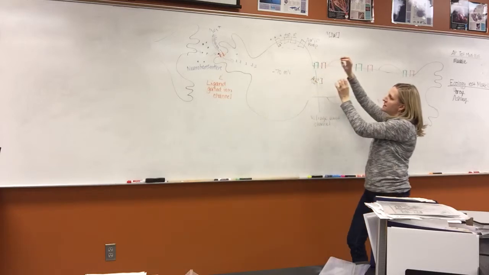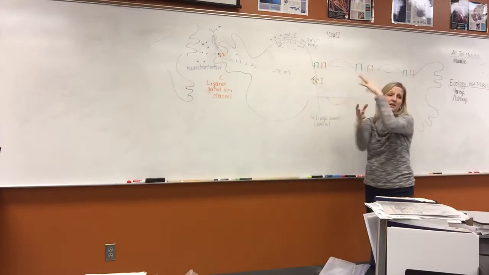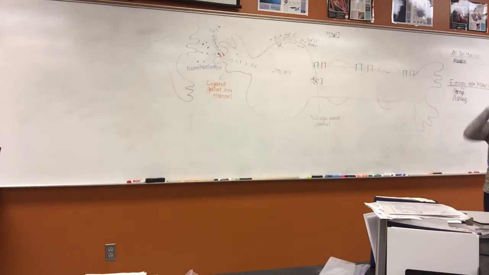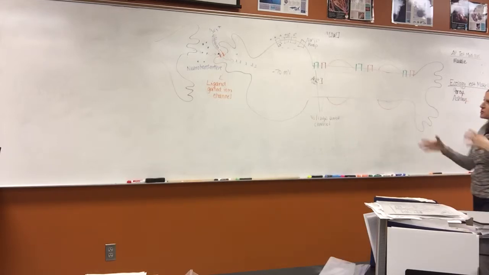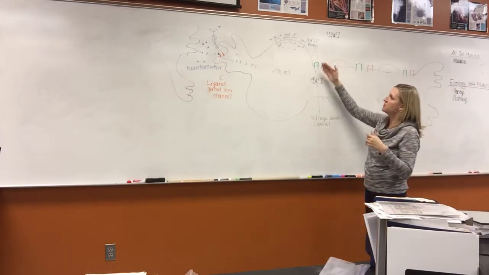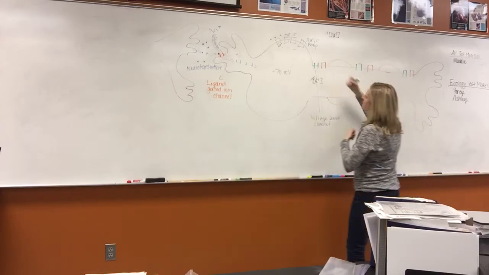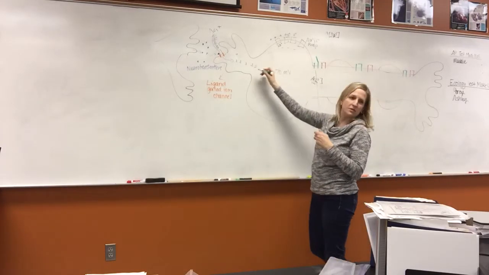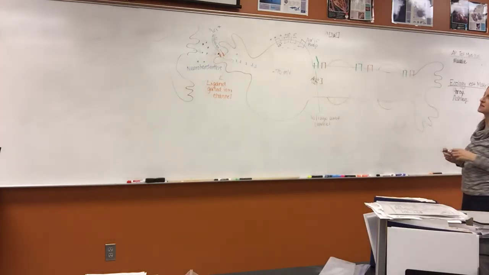That positive charge interacts with these proteins, remember they have that three-dimensional shape, interacts with the way the R groups are bonded together, changing the shape of the channel, which opens the gates. So this gate opens only because of the positive charges, which were ultimately due to the stimulus.